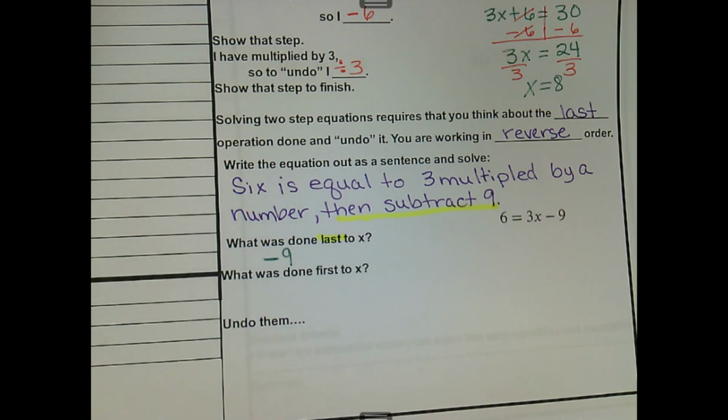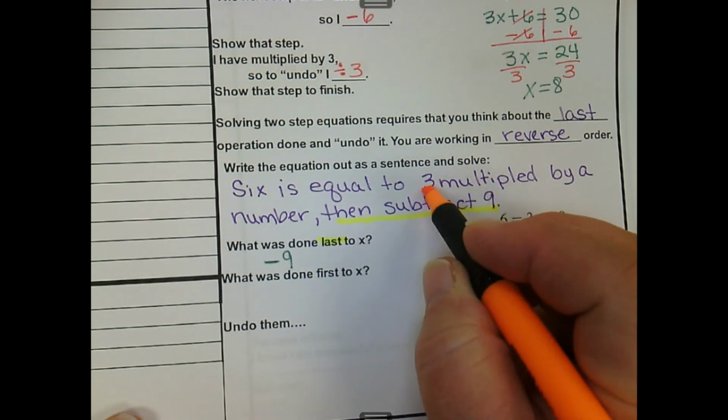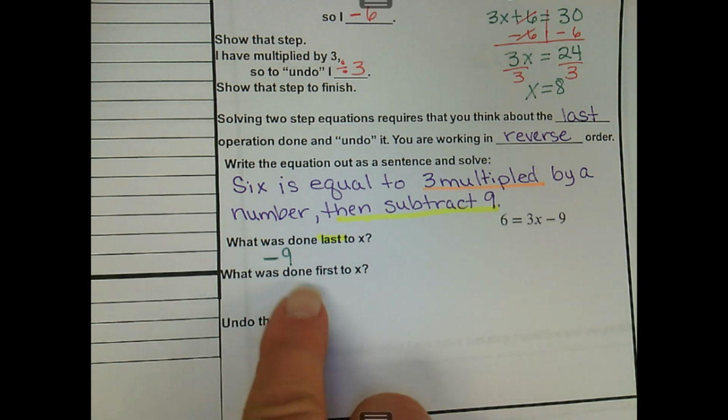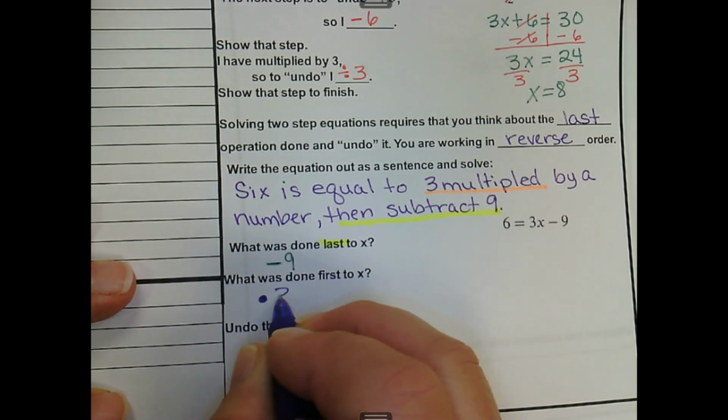What was the first thing done to x? So the first thing done was to multiply by 3.